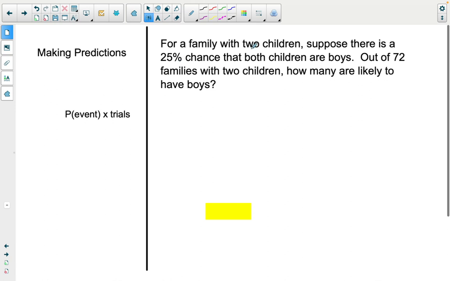Last, it says for a family with 2 children, there's a 25% chance that both will have boys. Now, we could make a tree diagram out of that. If you have a child, girl or boy, you have a second child, it could be girl or boy.